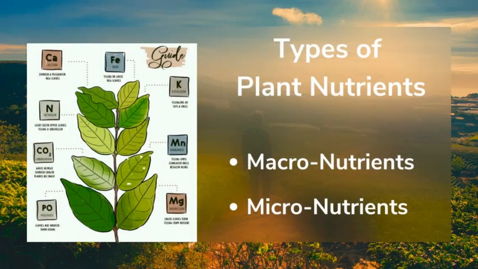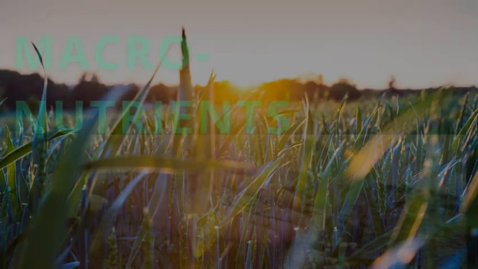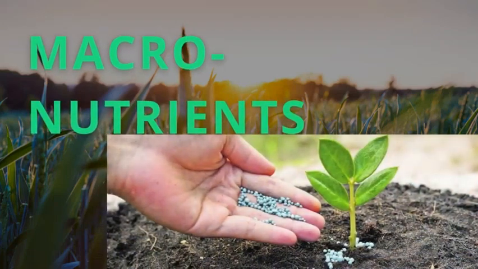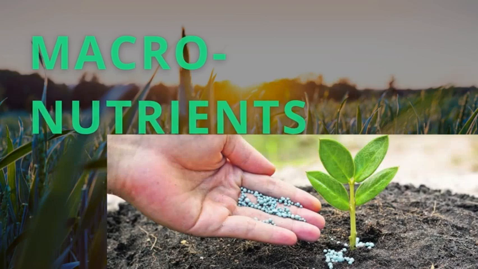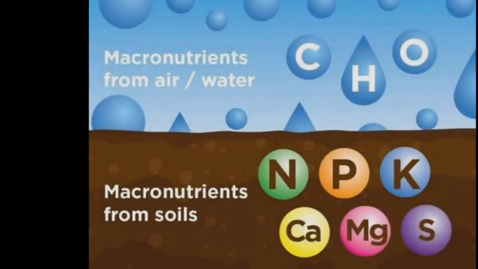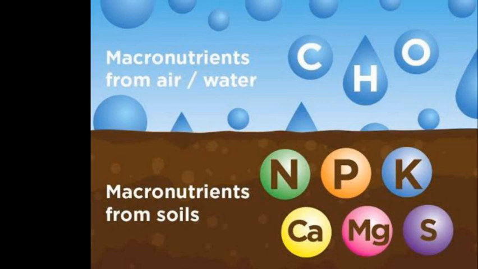Now, types of plant nutrients: we have the macronutrients and also the micronutrients. The macronutrients are usually mineral elements or nutrients required by crops in large quantities. Examples of plant macronutrients are nitrogen, phosphorus, potassium, as you can see in the picture, calcium, magnesium, and sulfur.